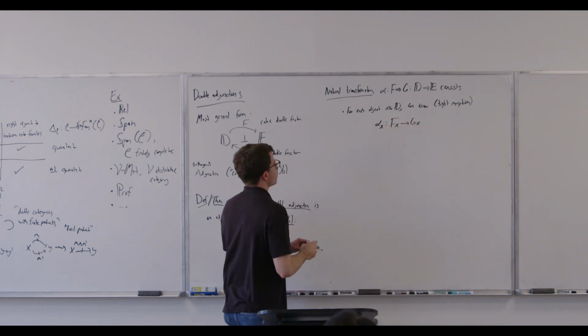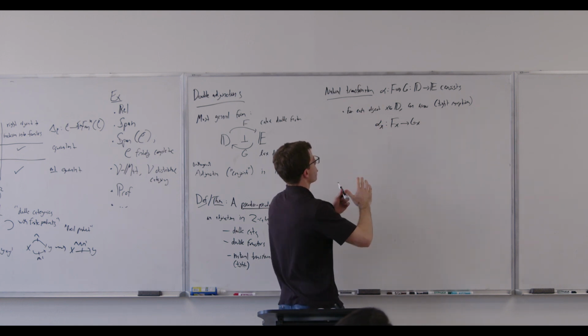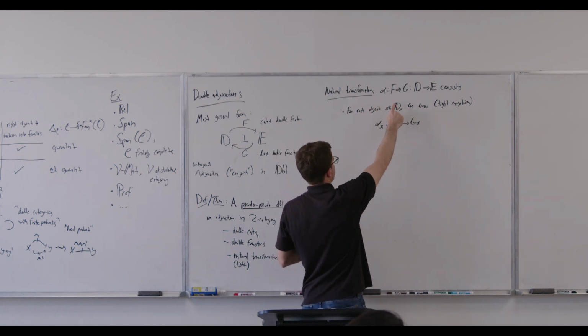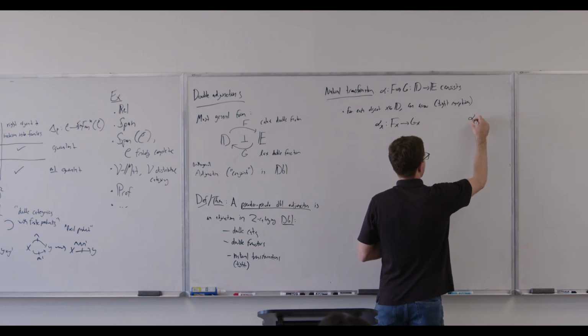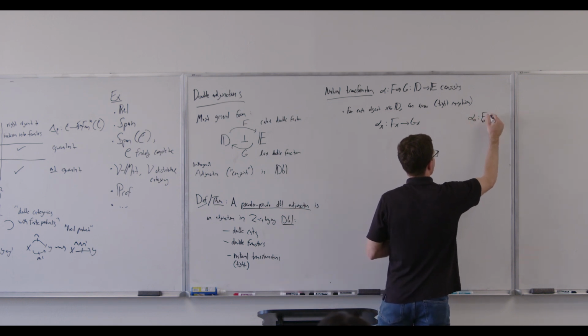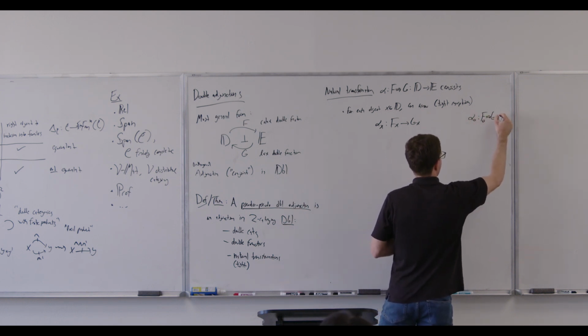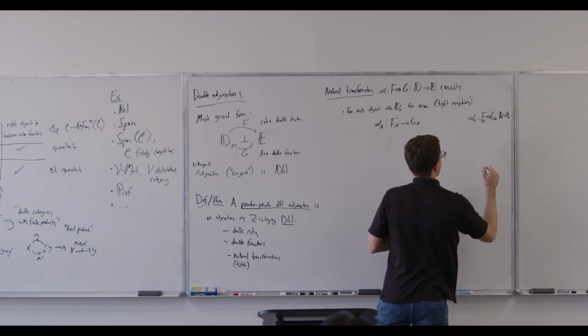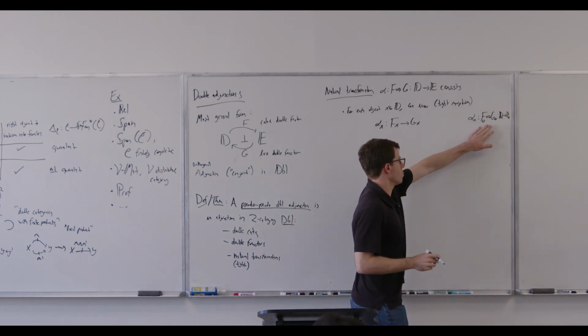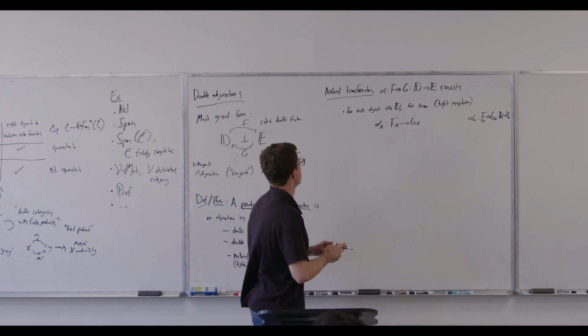So in particular, a natural transformation between double functors consists of an ordinary natural transformation between the functors between the underlying categories of objects and arrows.